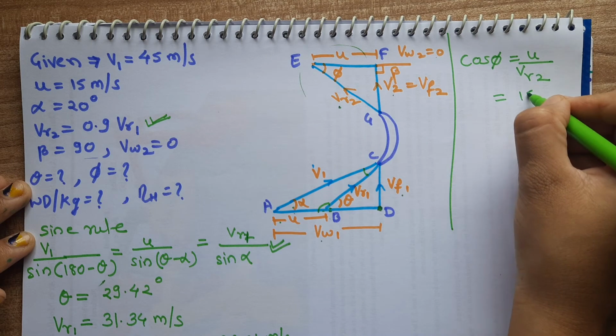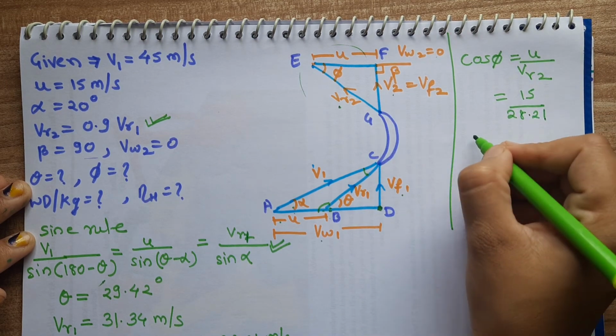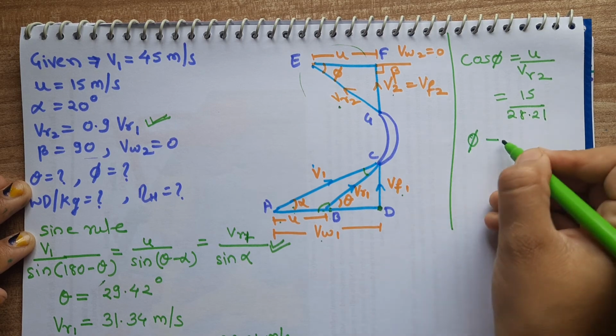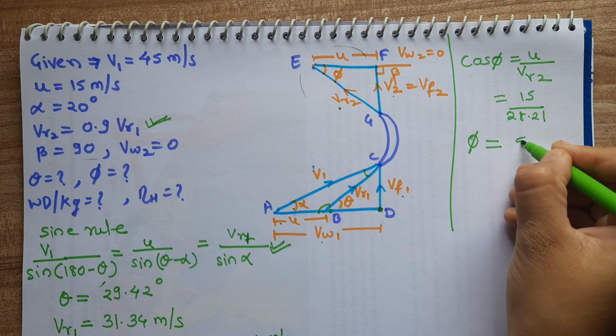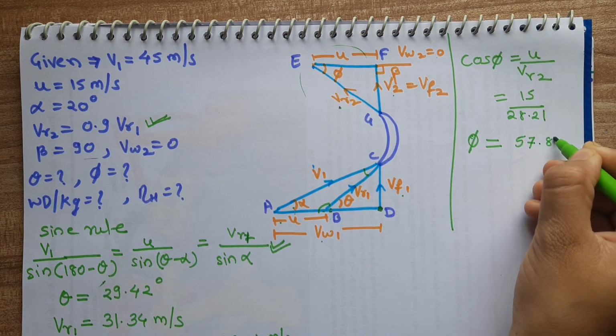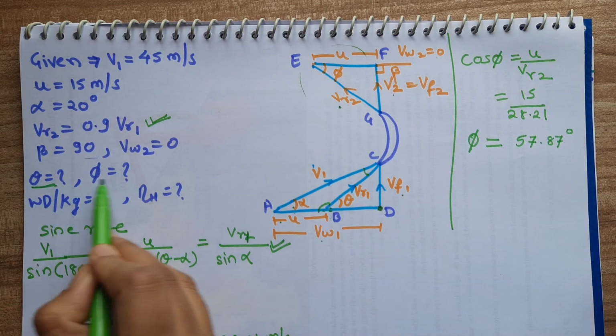Value of U is 15, value of VR2 is 28.21, and from here we will get phi as 57.87 degree. Now we have got these two values.